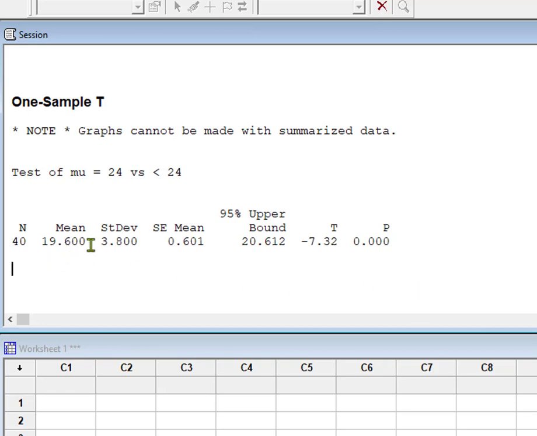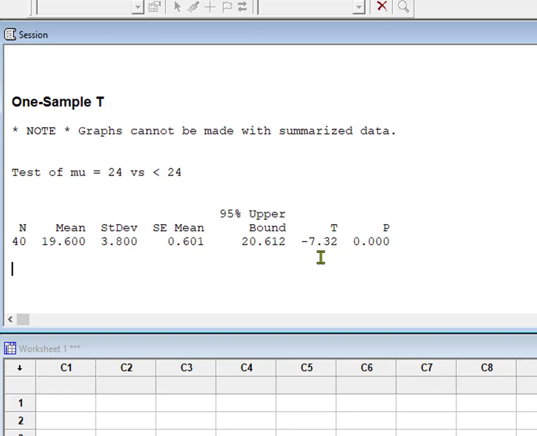Now we can verify that we're testing the right things. We've got a test of mu equal to 24 versus less than 24. That's correct. We've got 40 for our sample size. The mean of the sample was 19.6 and the standard deviation 3.8, and again, all of that is correct.